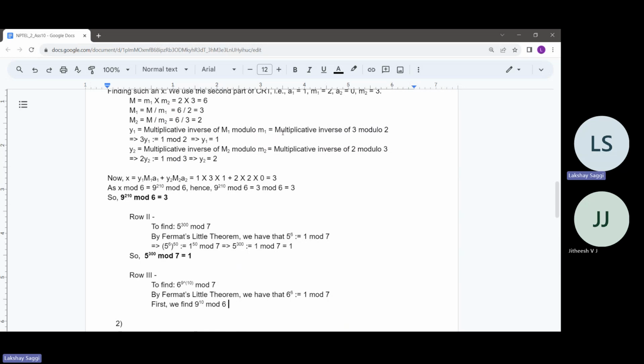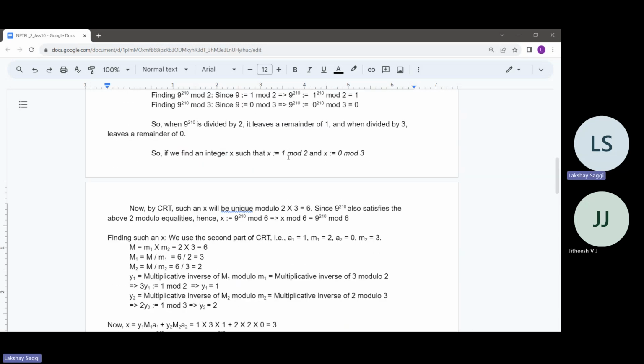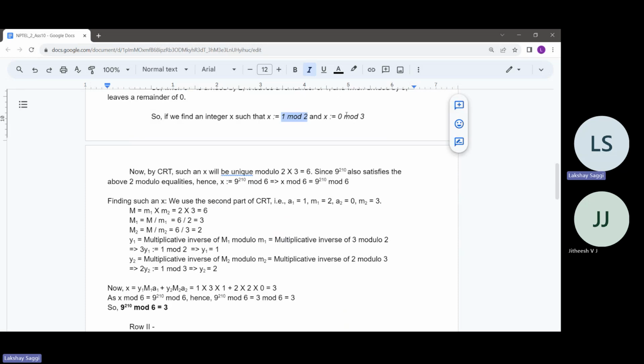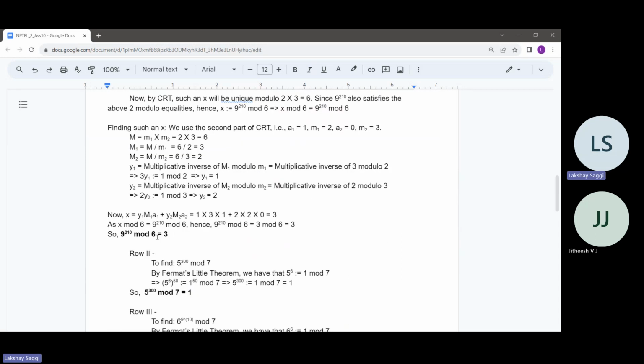I'm not going to go through all the calculations, but you will see that here also 9 raised to the power 10 mod 6 will be equal to 3. When I write 6 as 2 times 3, when 9 raised to the power 10 is divided by 2, it leaves a remainder of 1, so 1 mod 2. And when it is divided by 3, we again have a remainder of 0, so 0 mod 3. So the x will satisfy again 1 mod 2 and 0 mod 3, and finally we obtain the same x, which is equal to 3.